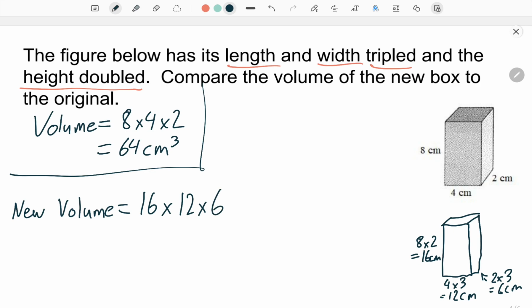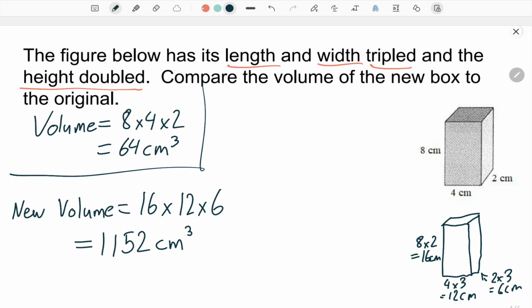So for any sort of rectangular prism, you can just multiply all the dimensions together to get the volume. All right, and what does that calculation give us? Well, it gives a new volume of 1,152 centimeters cubed.